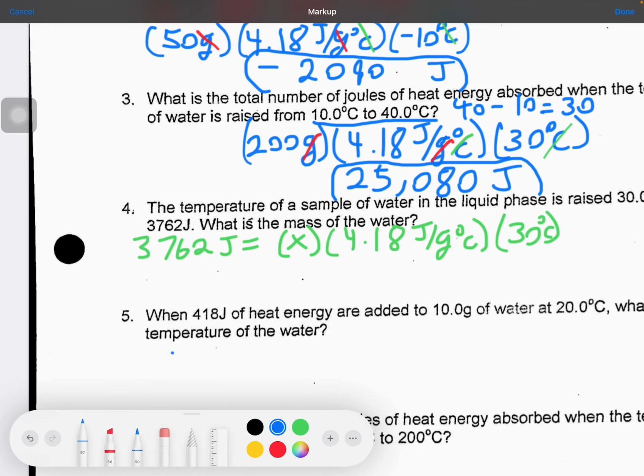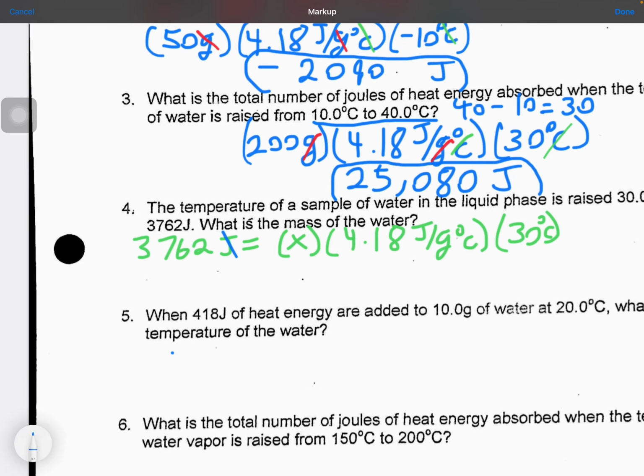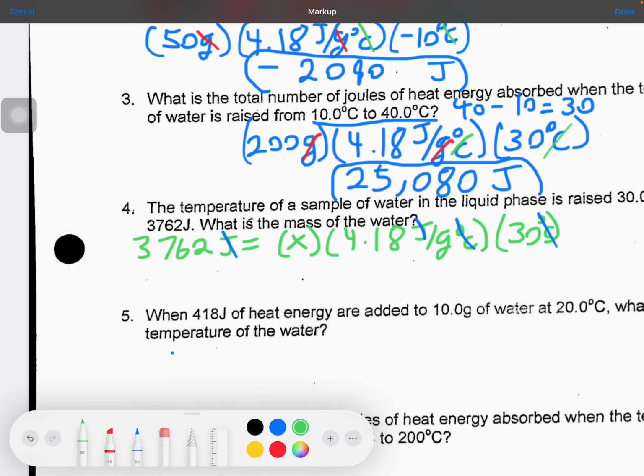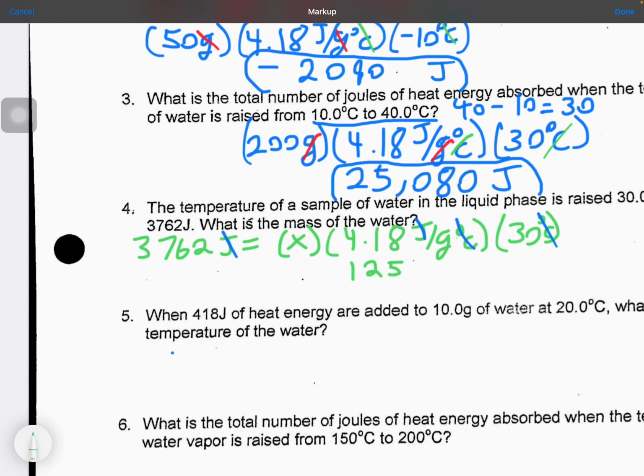So if we go in and delete what we already have, joules are gone, Celsius is gone. So your final answer is going to be in grams. So now let's solve for X. So we do 4.18 times 30, and that comes out to be 125. X is equal to 3,762.